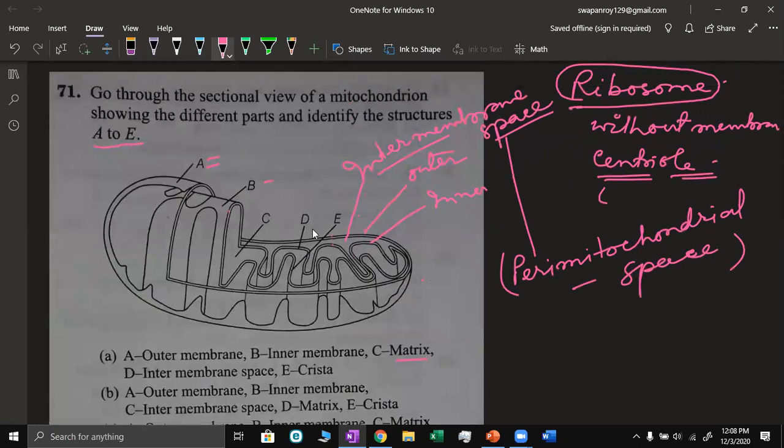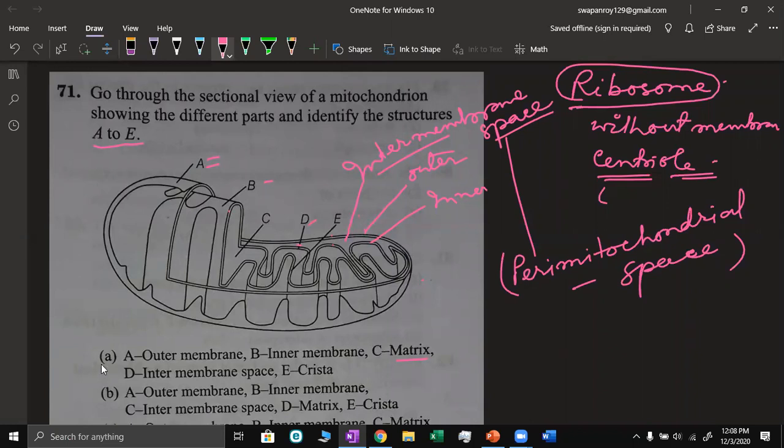But this labeling is not correct. Here the intermembrane space should be in between the outer and inner membrane, limited to here, not touching the inner mitochondrial membrane.